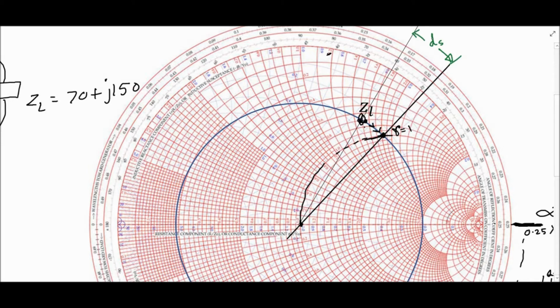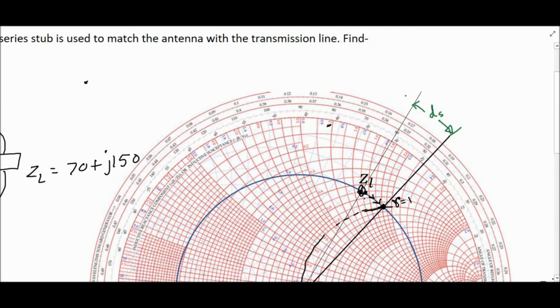So what is the distance here? Let me find the value of lambda here. It is 0.162, 0.164, 0.165, 0.166, 0.167 maybe, so 0.167 lambda. And from here you can find 0.182, 0.184, 0.185 lambda.